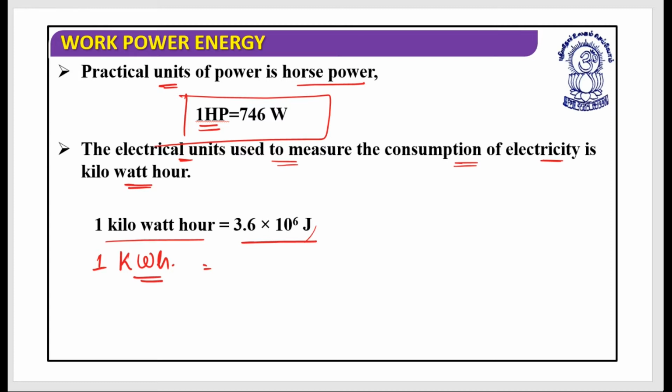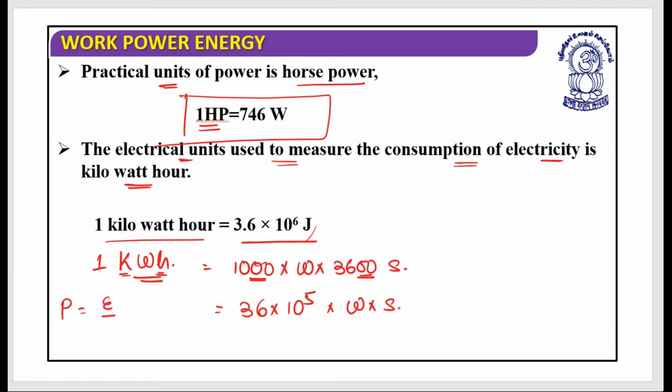How does it arrive? Let's have a look. Kilo is 1000, multiplied by watt, multiplied by hour. An hour can be represented by 3600 seconds. So this is equal to 3.6 multiplied by 10 to the power 6 watt second. We know that power is energy by time, so energy is equal to power into time.